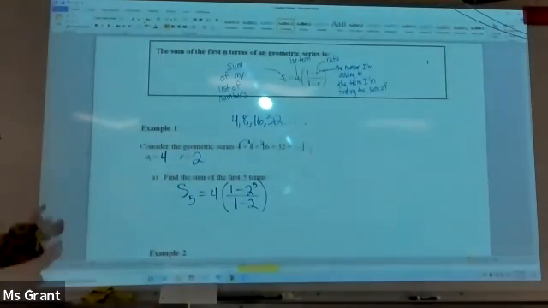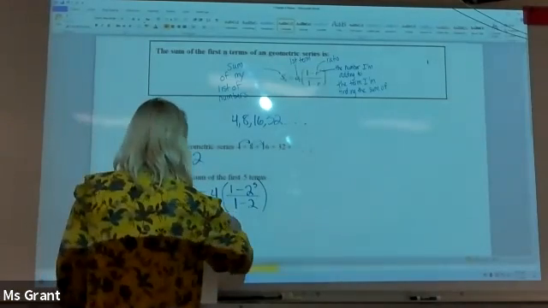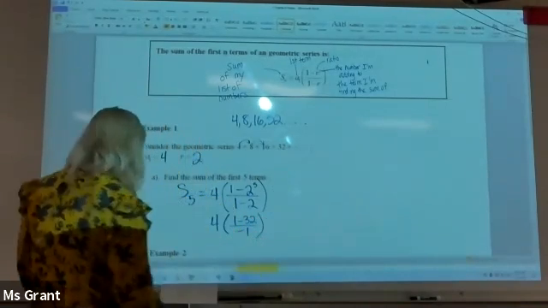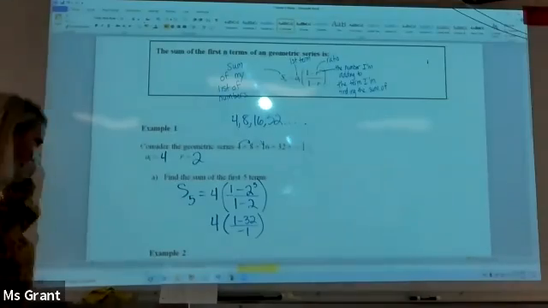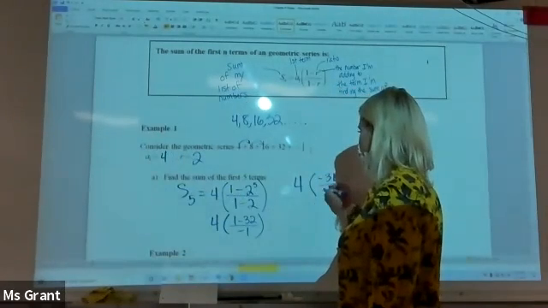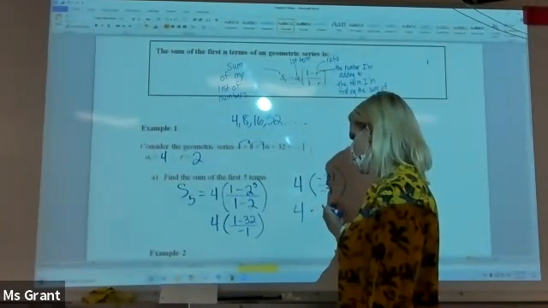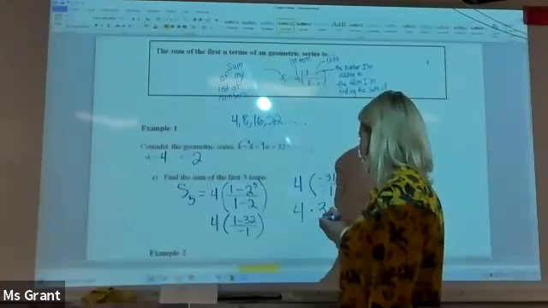So this isn't horrible. 2 to the 5th is the only thing you need to do. You can do it in your head. Right? 1 minus 32 over negative 1. And 4 times negative 31 over negative 1. 31, right?